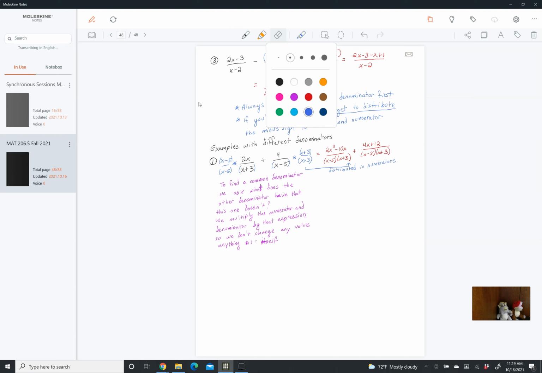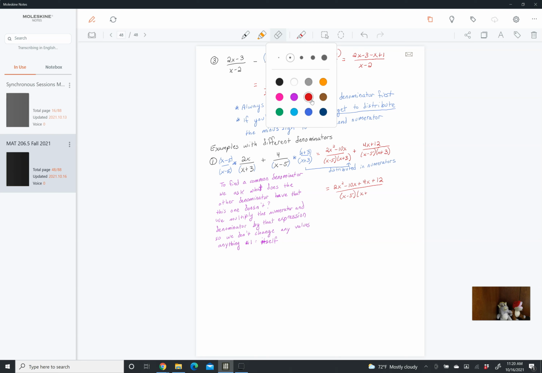Okay, so now we can add the numerators. So 2x squared, and then we have a negative 10x. Well, you do not need to write this step, but I'm going to put it in here. You can skip this.